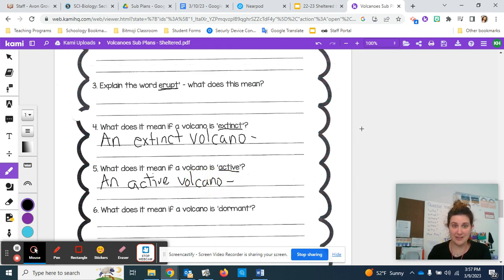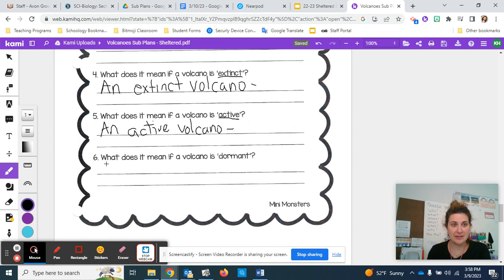Continuar con la respuesta. What does it mean if a volcano is dormant? A dormant volcano. Continuar con la respuesta. Usa la información en la primera página.